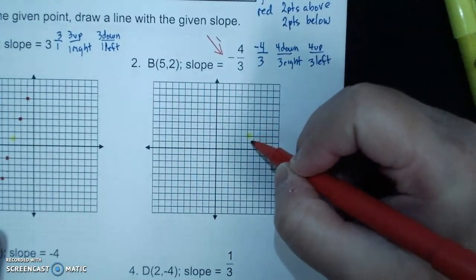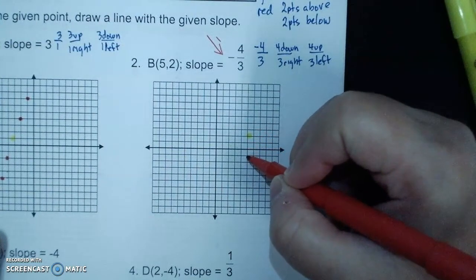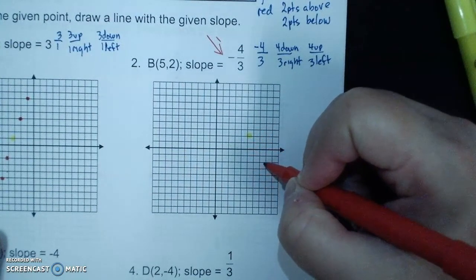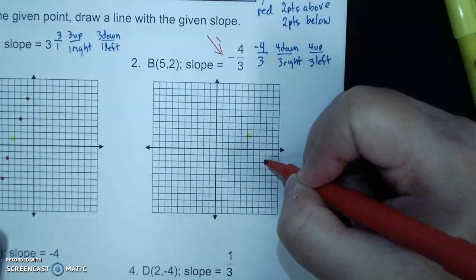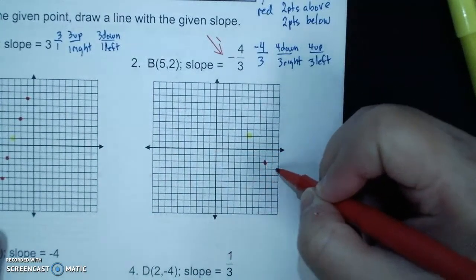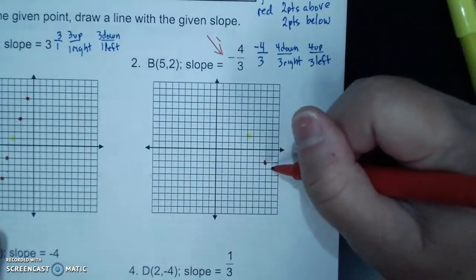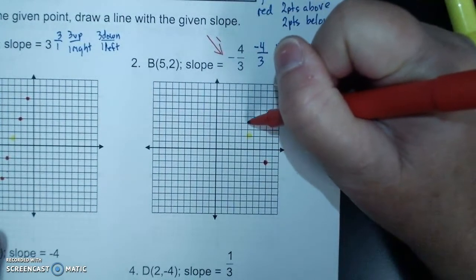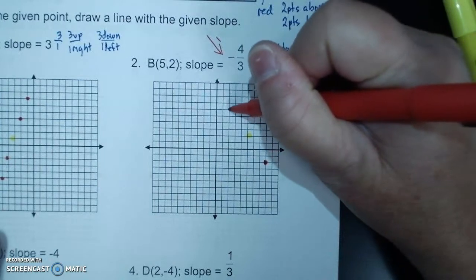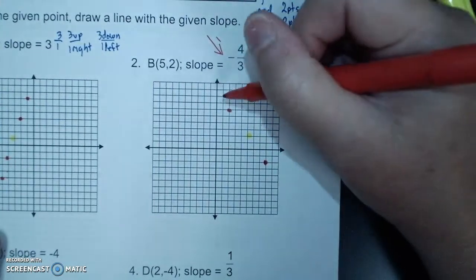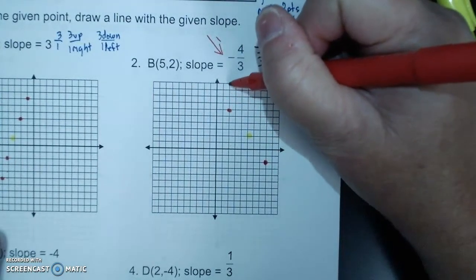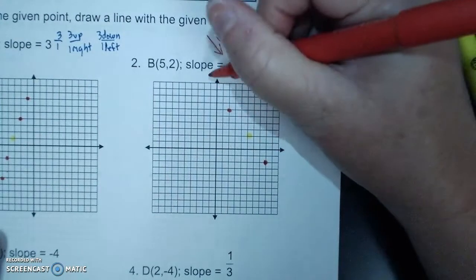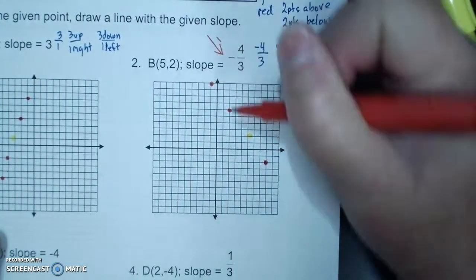So I'm going to go 4 down and 3 right. And I can't go, and that's fine. I understand that sometimes you run out of graph. And then go 4 up and 3 left, and 4 up and 3 left.